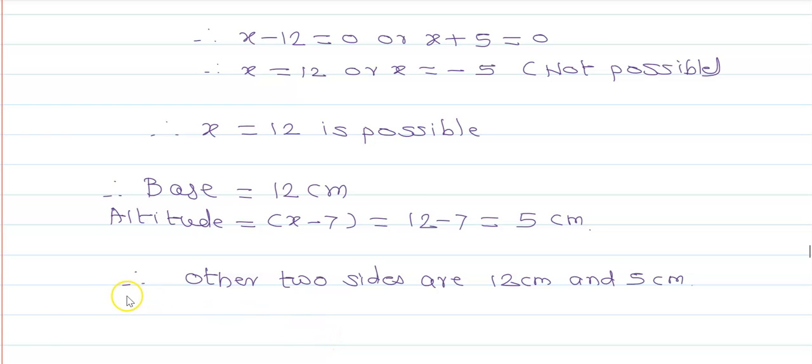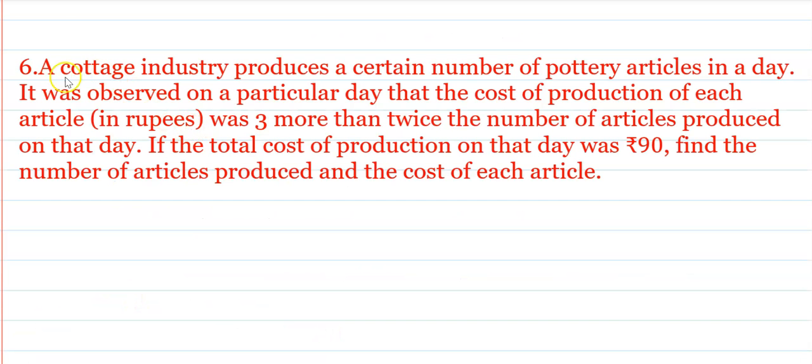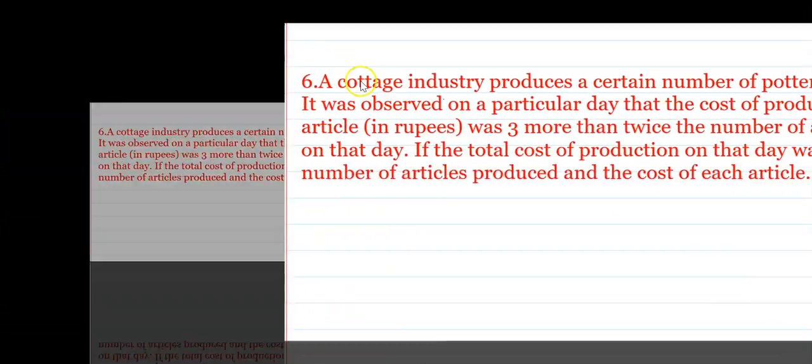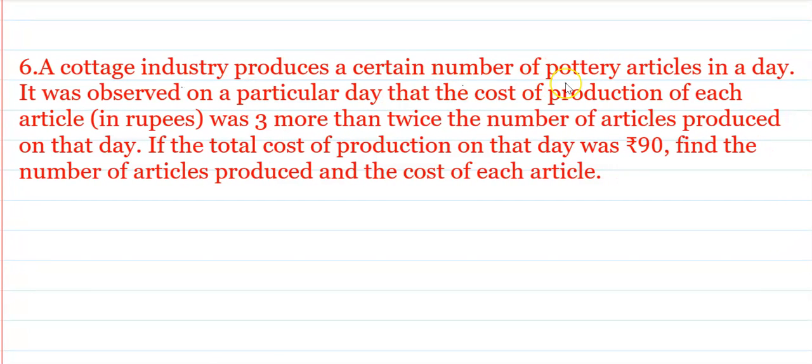Now the next problem. Question number 6. A cottage industry produces a certain number of pottery articles in a day. It was observed that on a particular day the cost of production of each article, in rupees, was 3 more than twice the number of articles produced on that day.